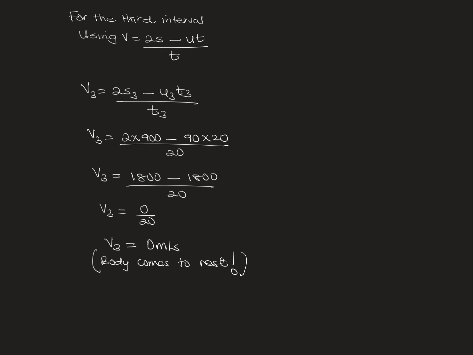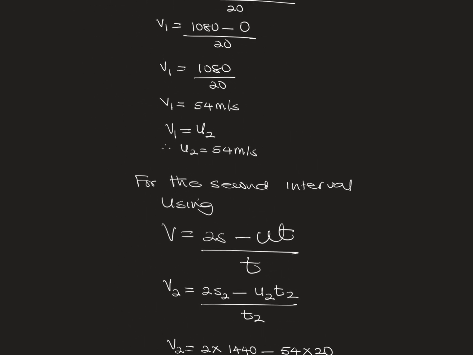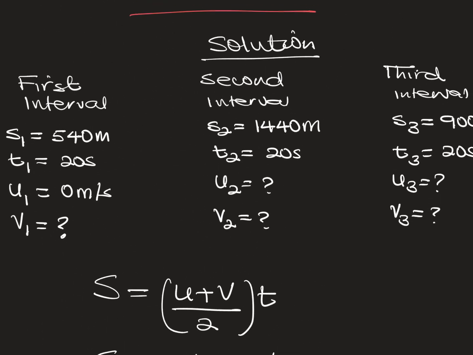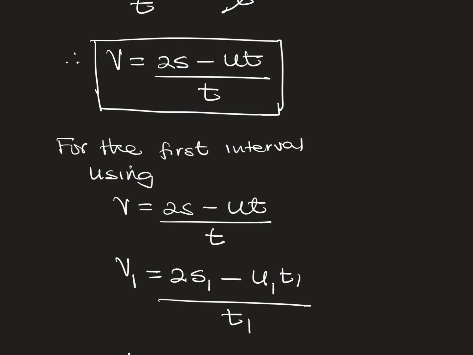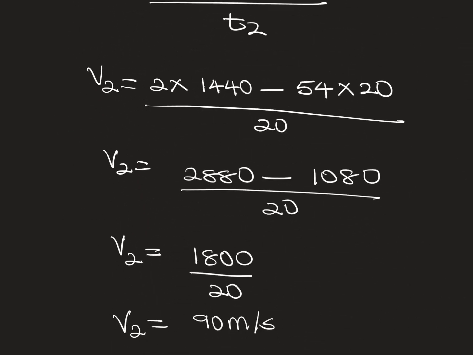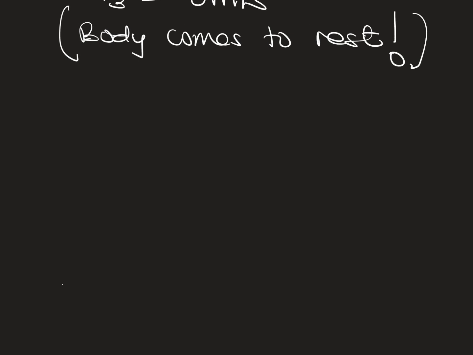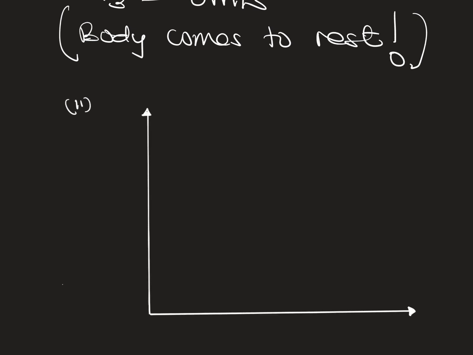So moving on to the second question, it asks us to draw a velocity time graph of this motion. So we're going to use these values that we have to draw a velocity time graph. For question 2, we're going to have velocity in meters per second on the y-axis and time in seconds on the x-axis.